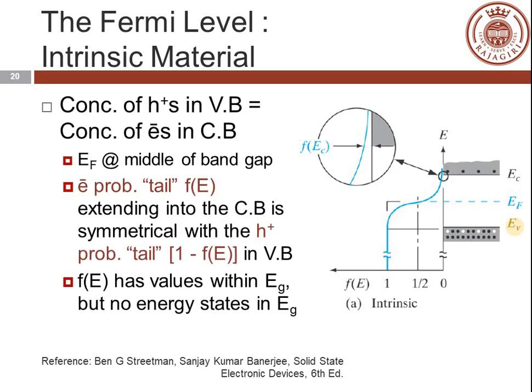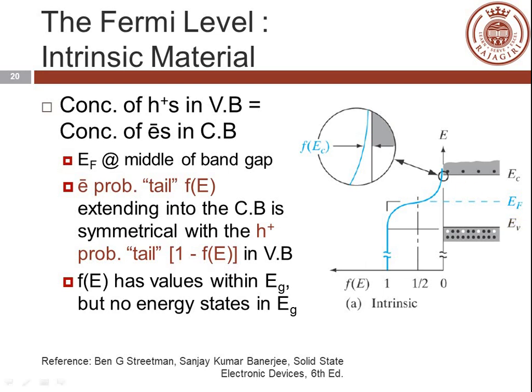Also, the concentration of holes in the valence band will be equal to the concentration of electrons in the conduction band, because here we don't have any excess electrons or excess holes. Whatever electrons are excited from the valence band will reach the conduction band, and an equal amount of holes will be there in the valence band.